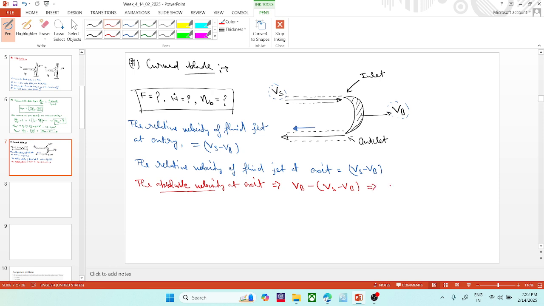This value will come out to be 2Vb minus Vs. So this absolute velocity here will be 2Vb minus Vs.